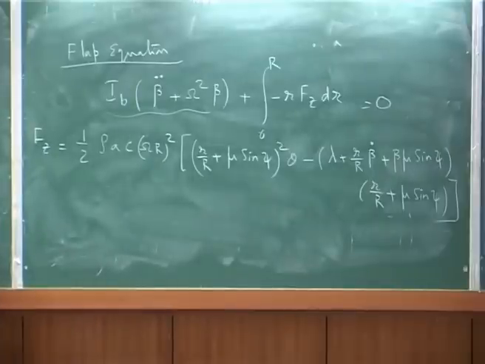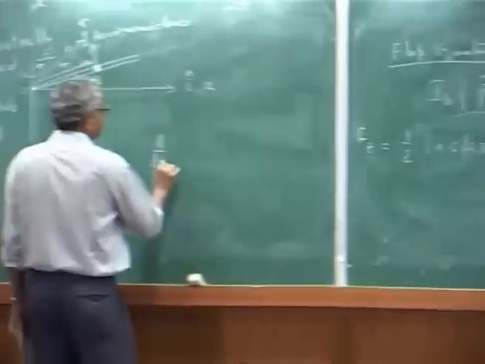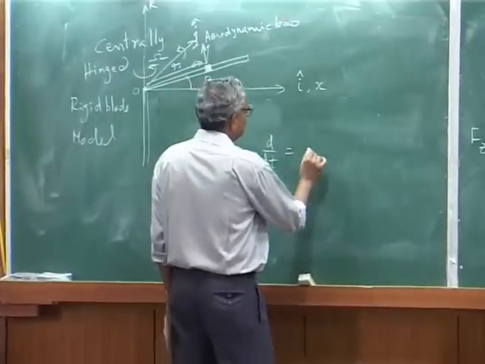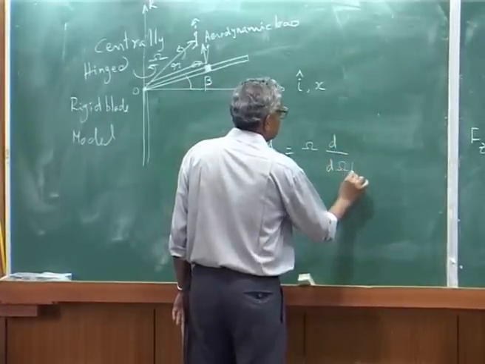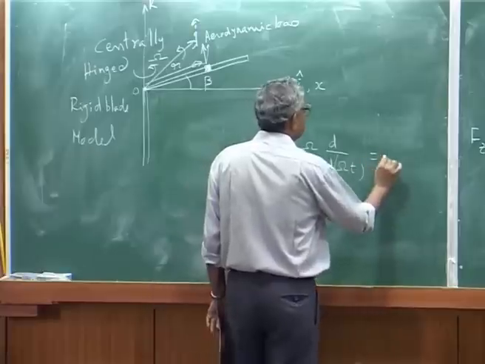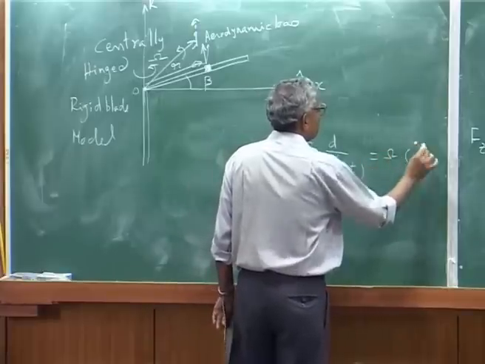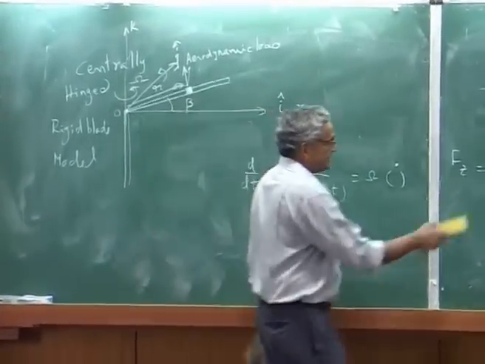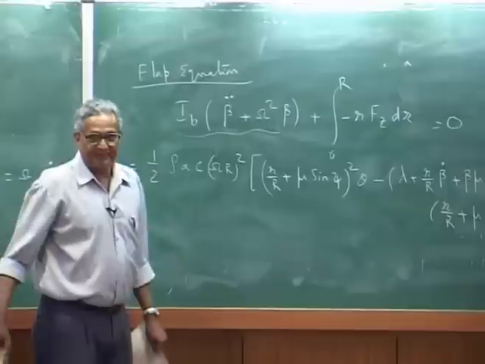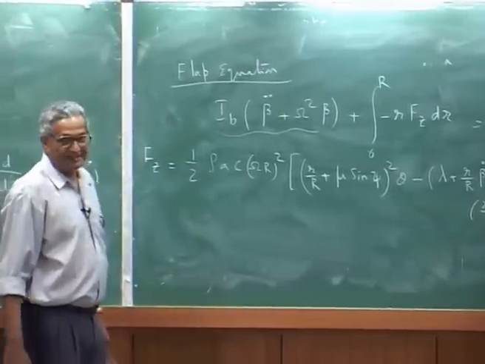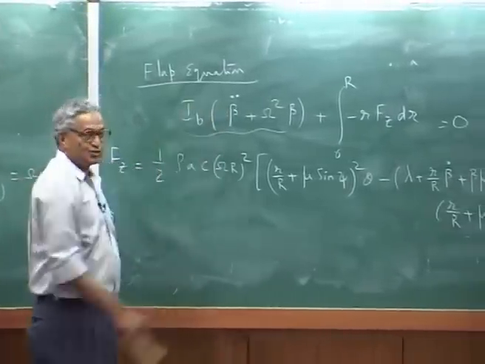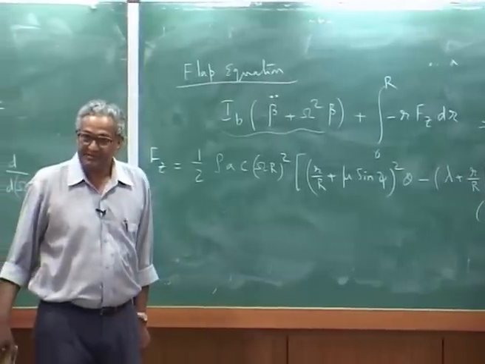We will put it d over dt. We can put it as omega d over d omega t. This we call omega dot. So if I non-dimensionalize, that will be omega square coming out.